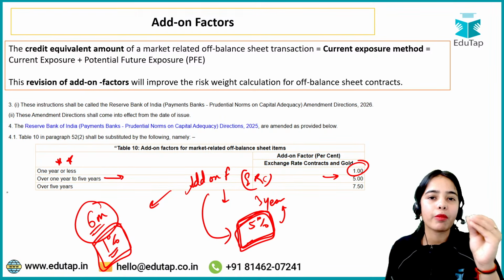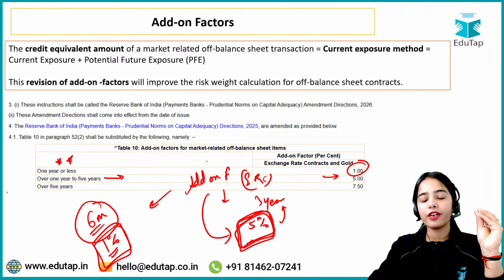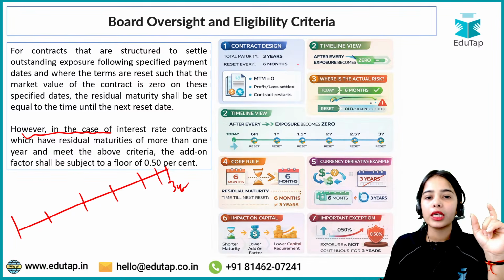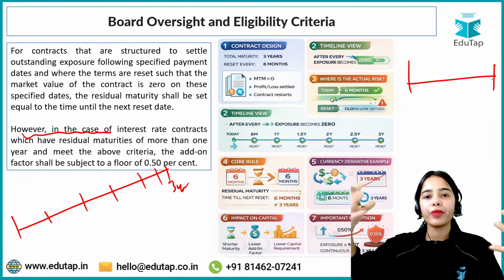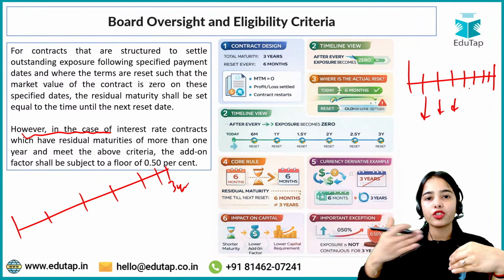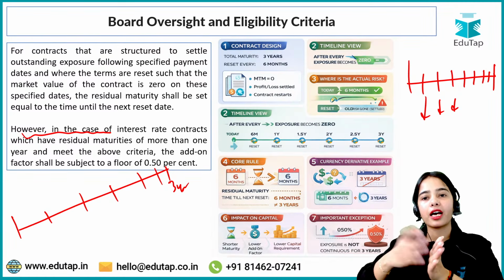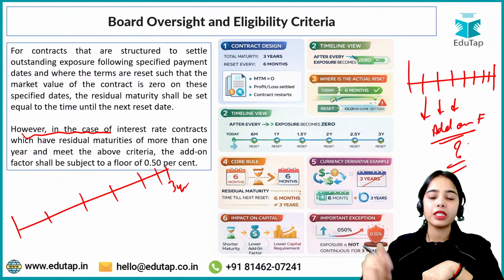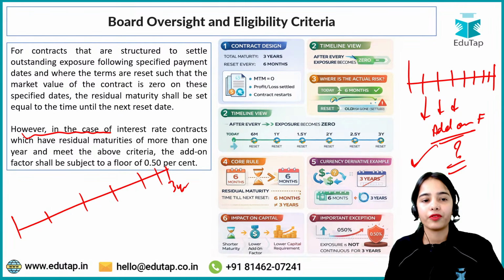So I hope this is very much clear, that if the contracts are structured in such a way that even though the contract has a long-term maturity period, they are being settled in the meantime after every 6 months, then the add-on factor will be applied on the basis of when they are getting settled. Okay, so every 6 months, according to that, the add-on factor will be applied.